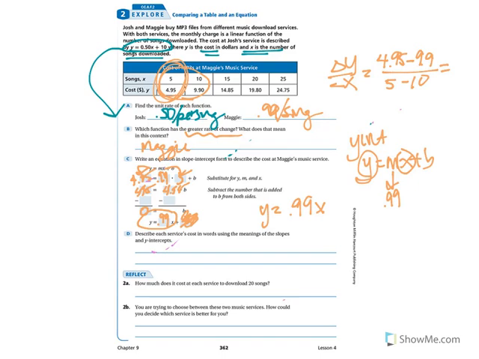So maybe she only purchases 3 songs, then she should go with that plan. But Josh, even though he's paying 50 cents for each song, has to pay that big $10. So if he gets a lot of songs, that's going to pay for itself.